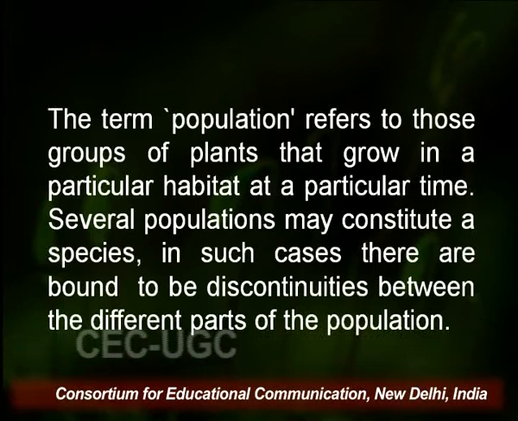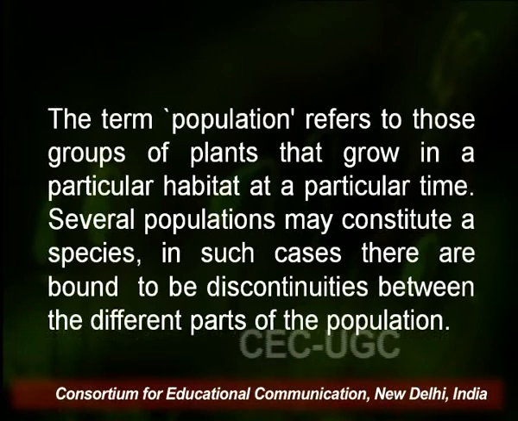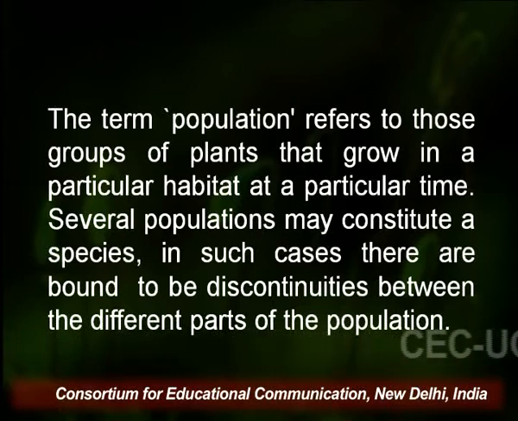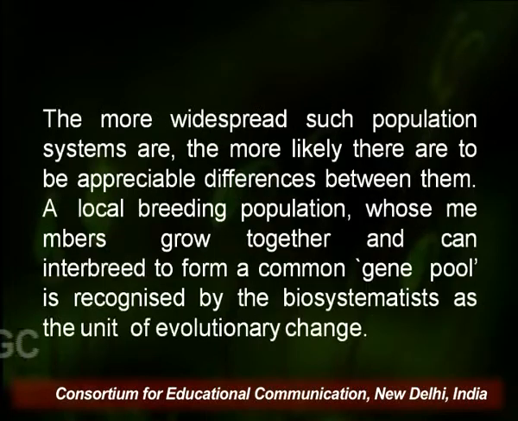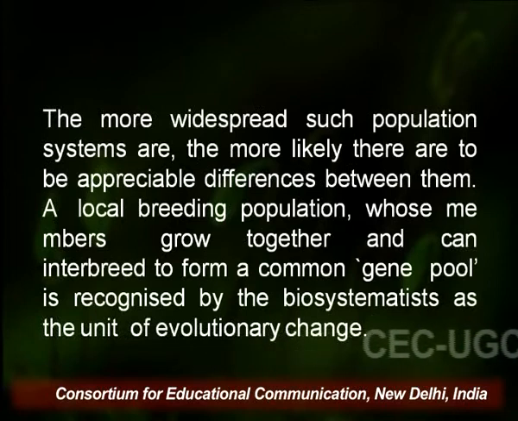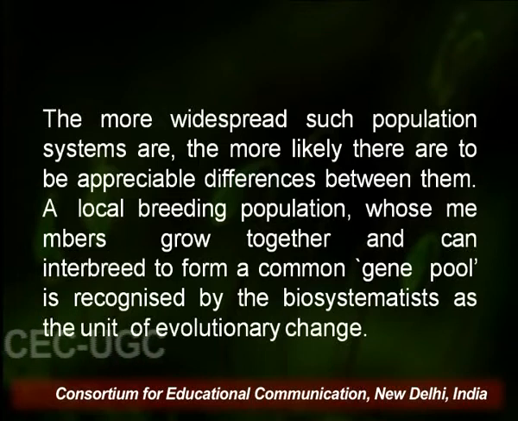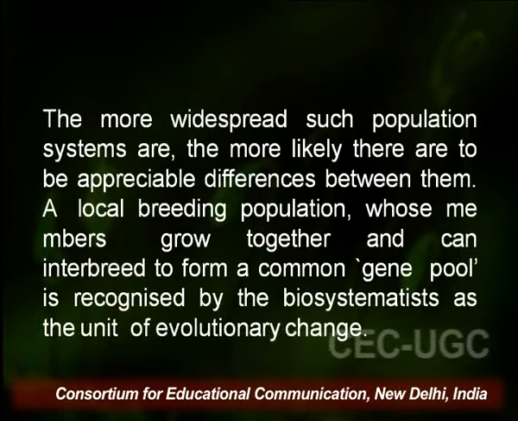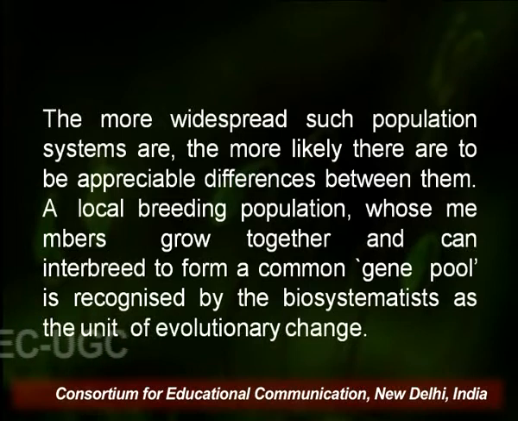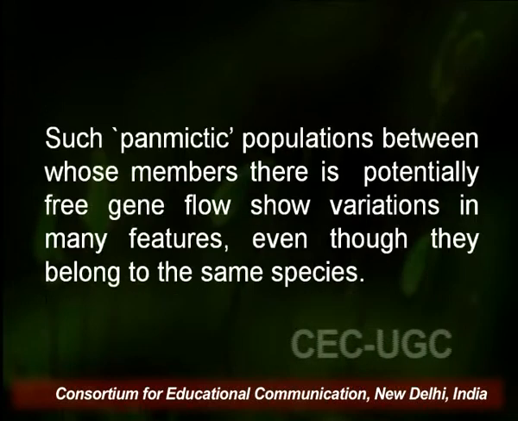In such cases, there are bound to be discontinuities between different parts of the population. The more widespread such population systems are, the more likely there are to be appreciable differences between them. A local breeding population whose members grow together and can interbreed to form a common gene pool is recognized by the biosystematists as the unit of evolutionary change.